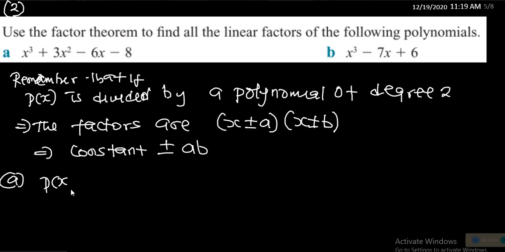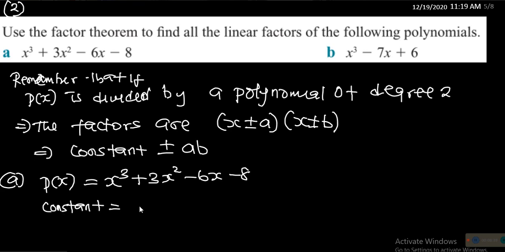Okay, so now let's consider the first example. Example 1: p of x equals x cubed plus 3x squared minus 6x minus 8. The constant here is minus 8. What are the factors of minus 8?